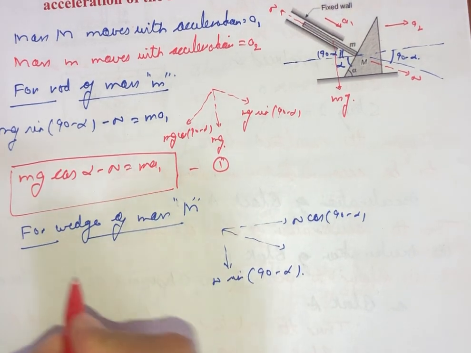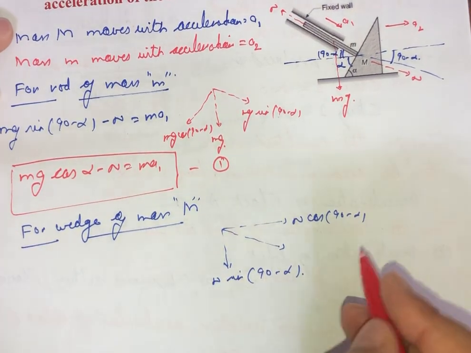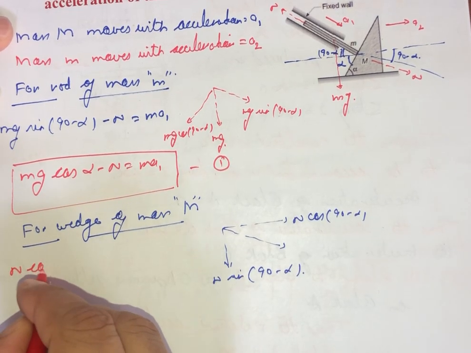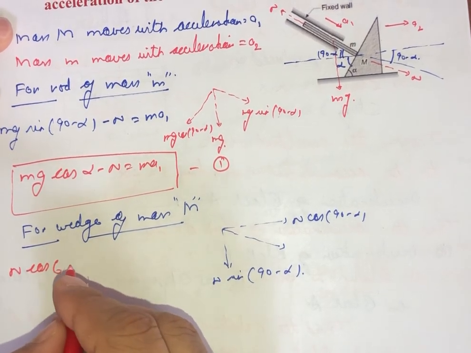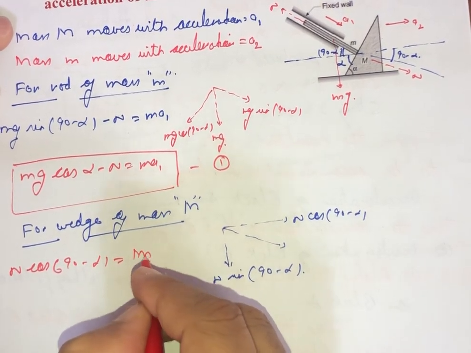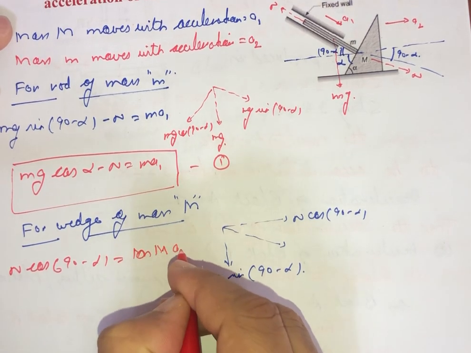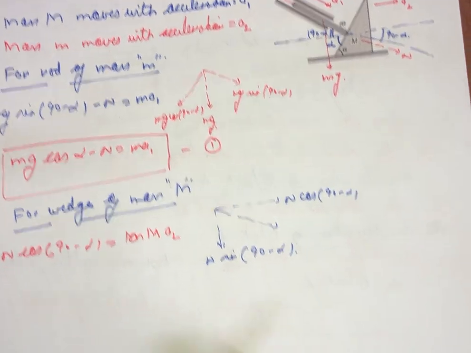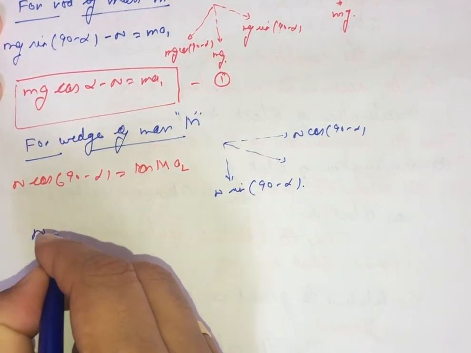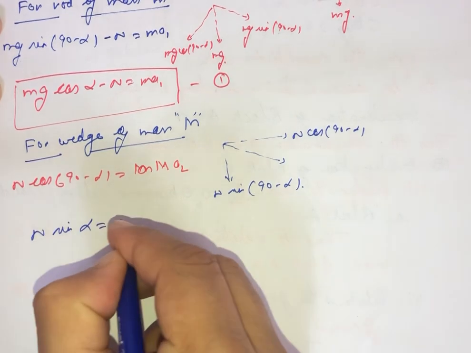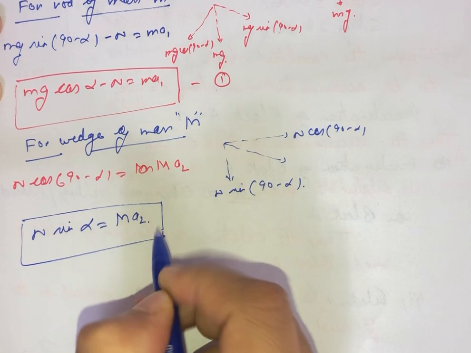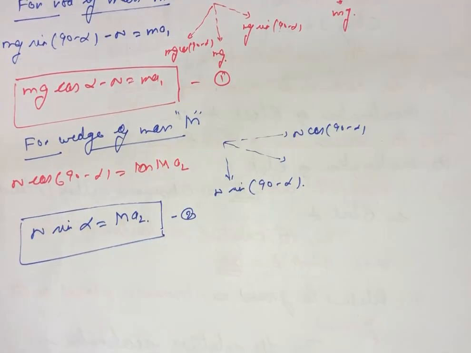Therefore, you can say that N cos of 90 minus alpha will be equal to M A2, and this is N sin alpha is equal to M A2. Let this be equation number 2.